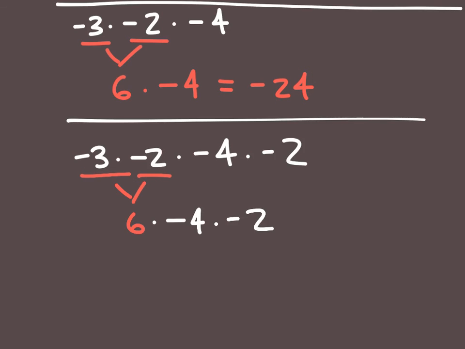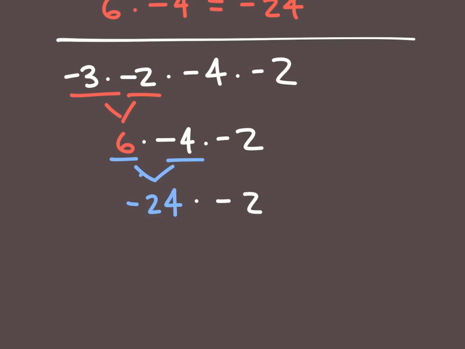So then I multiply 6 by negative 4, and that's going to give me a negative 24, like we had just found up here. Now I'm going to take that number again and multiply it by a negative 2. So a negative times a negative is going to give me a positive, and if I've got negative 24 times a negative 2, 24 times 2 is 48, going to give me positive 48. And so that's what I get as a result.